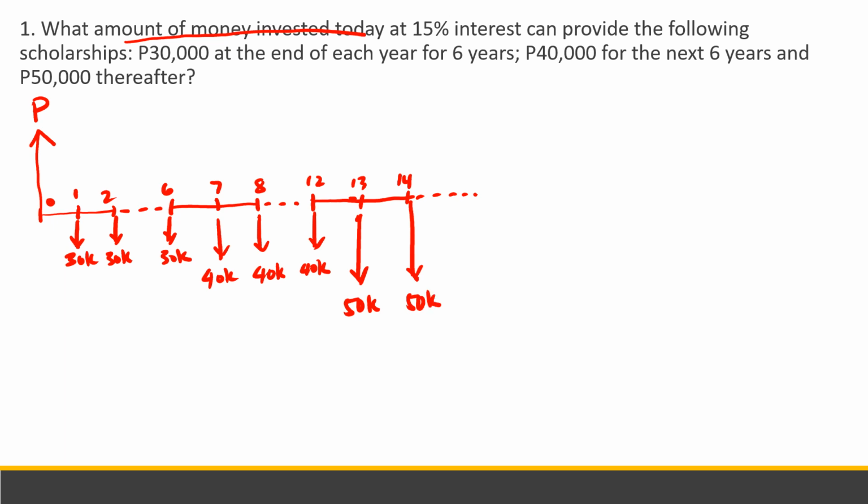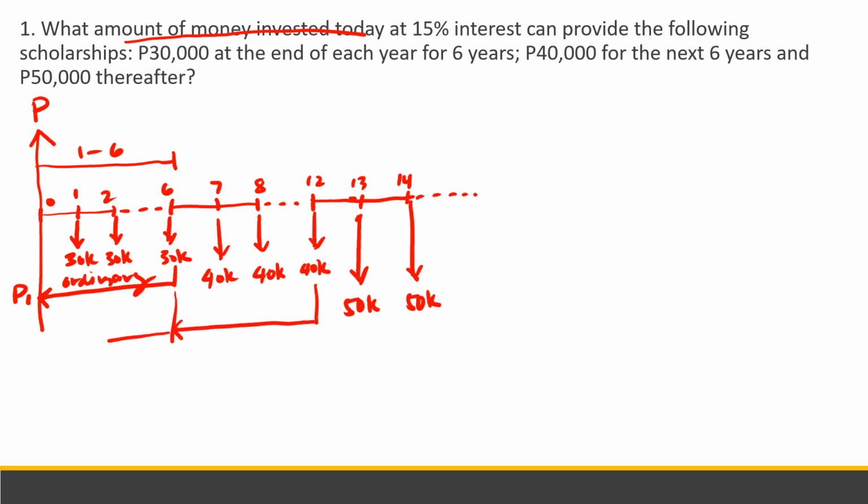So this problem is a combination of all the annuities. So for periods from 1 to 6 years, you can use here ordinary annuity. So that is P1. And dito naman sa 7 to 12 years is deferred annuity.